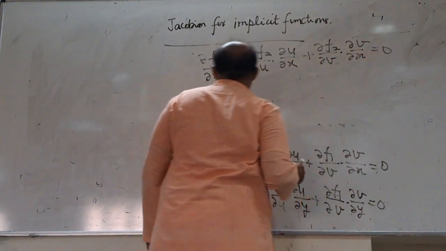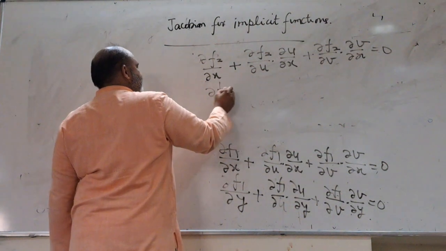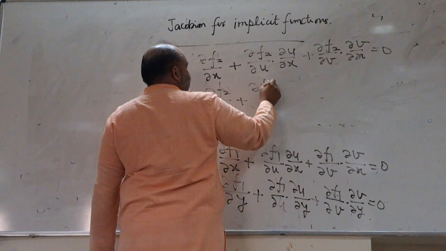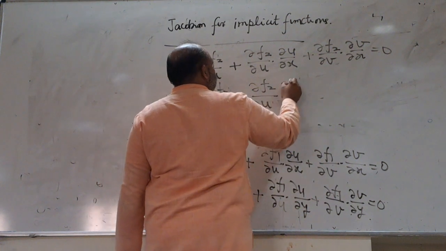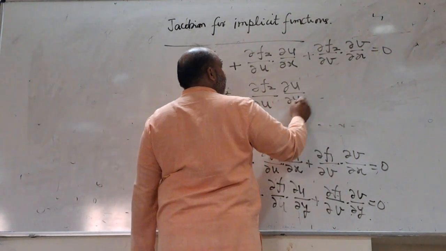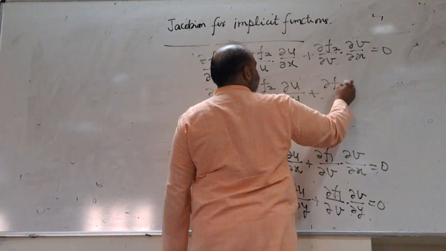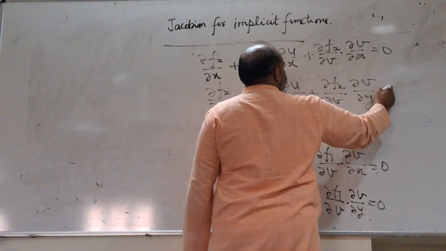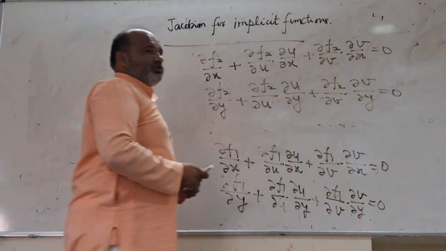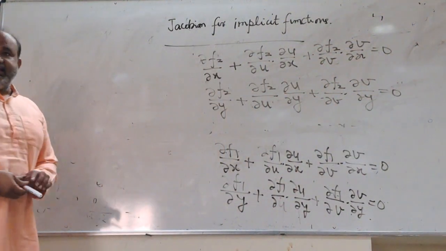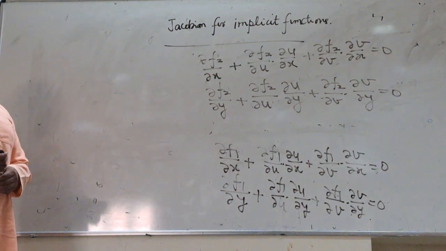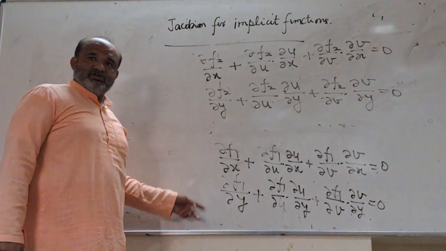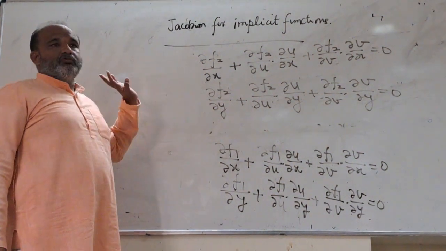This is again equal to 0, as well as del f2 over del y plus del f2 over del u into del u over del y and plus del f2 over del v into del v over del y is equal to 0. So in this way I get four equations, two for x and two for y.